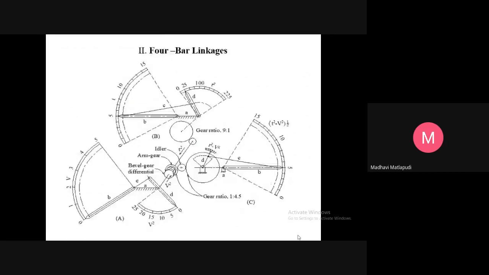The next one is the most versatile used, as I said: linkage mechanisms, because of their simplicity in design. This linkage mechanism actually comprises 3 sets of 4-bar linkages. This is set A, one set.